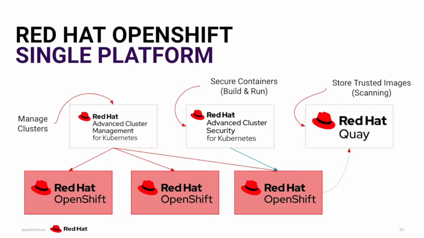So it's not only spinning clusters up and tearing clusters down with advanced cluster management, but if you need to make a change in configuration, you can state what the new policy is and have that pushed out to all of the clusters. So let's say that there's been a change from security guidance, from security teams. So you have to make a change.